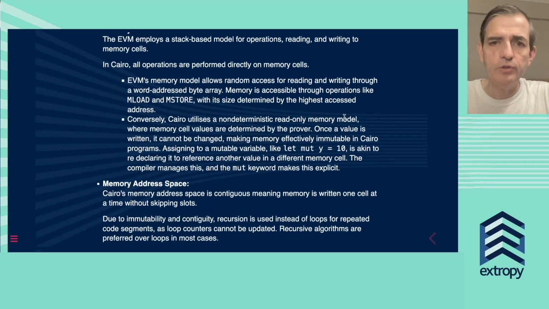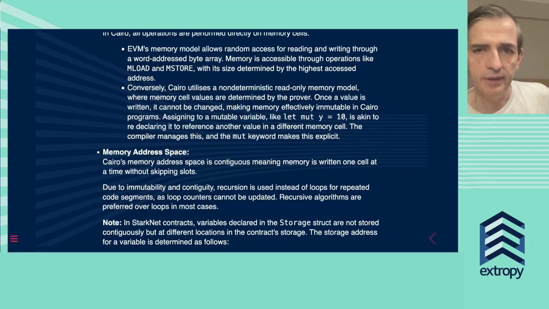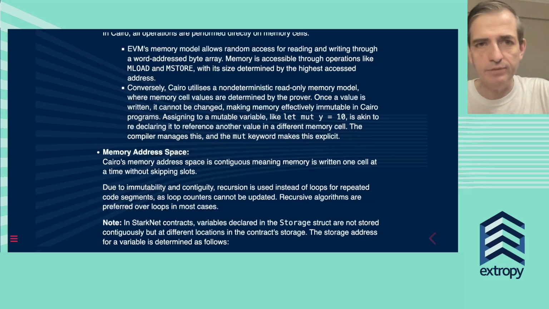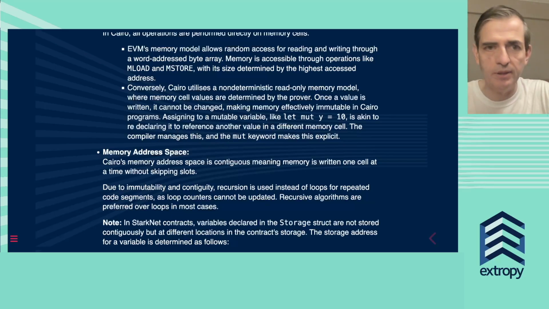In Cairo, it is different in that the memory cells are determined by the prover in the zero knowledge context, and once a value is written, it can't be changed. So memory is effectively immutable in Cairo. It is handled quite differently, but that is quite a low level aspect. And typically, when we're writing Cairo contracts, we don't need to be aware of that.